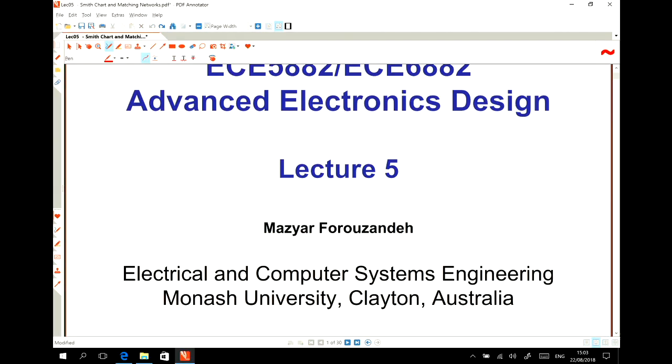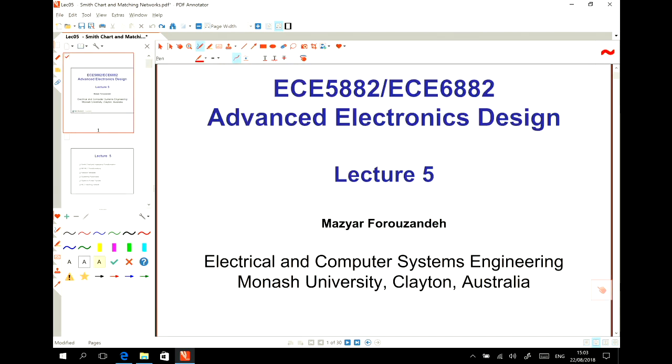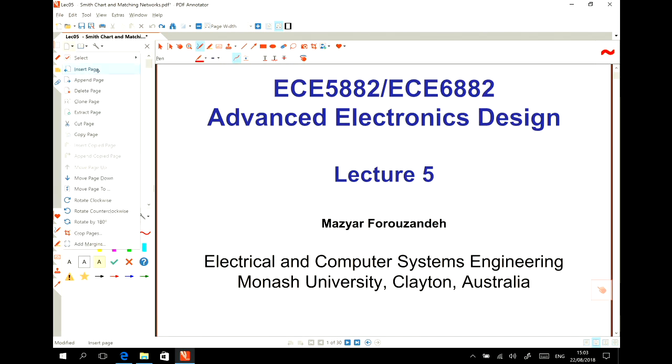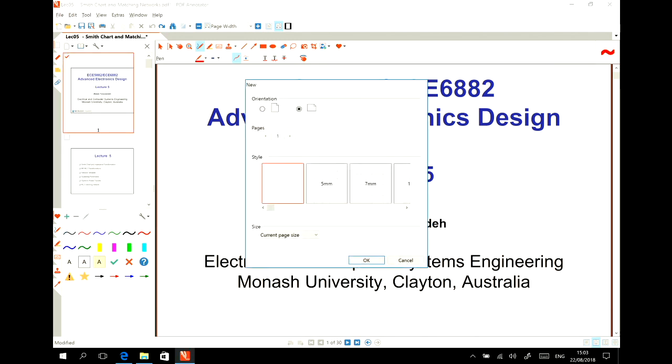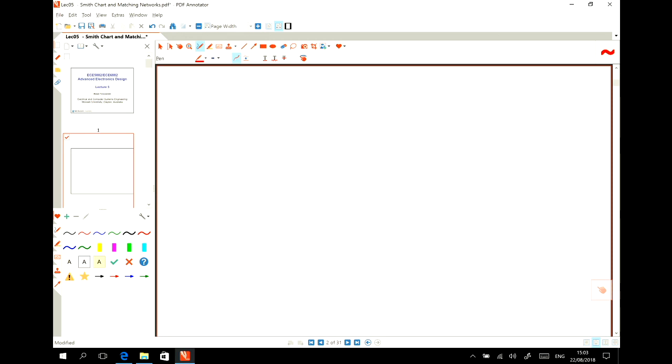Last week we introduced transmission lines.